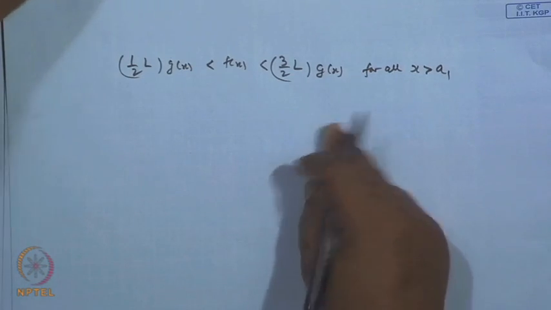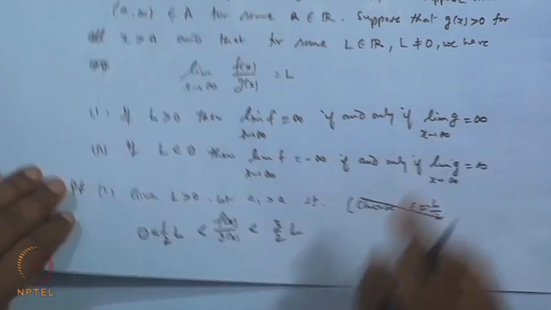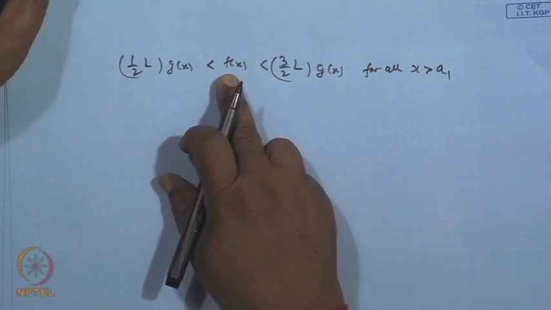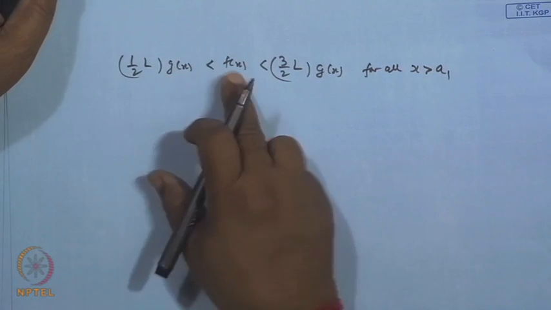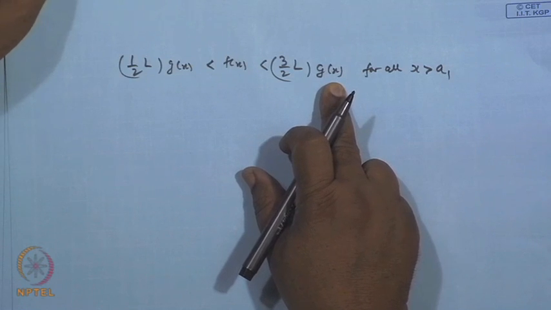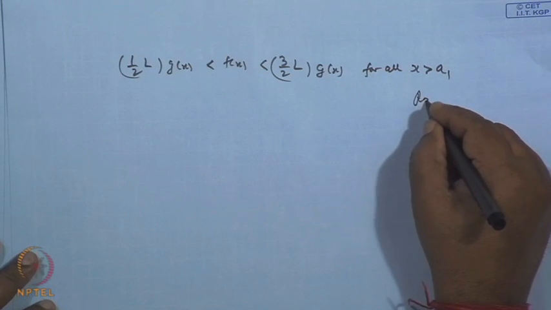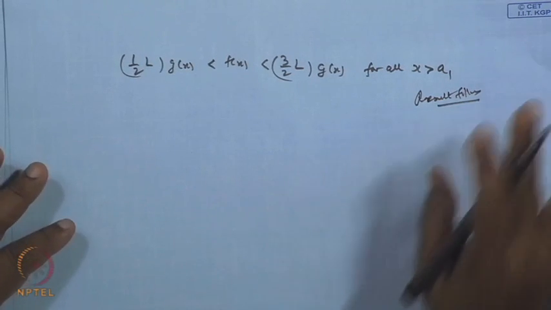Now take the limit. If f is infinity, then g is infinity; if g is infinity, f will be infinity. If f is infinity, from here g will be infinity. So the result follows.